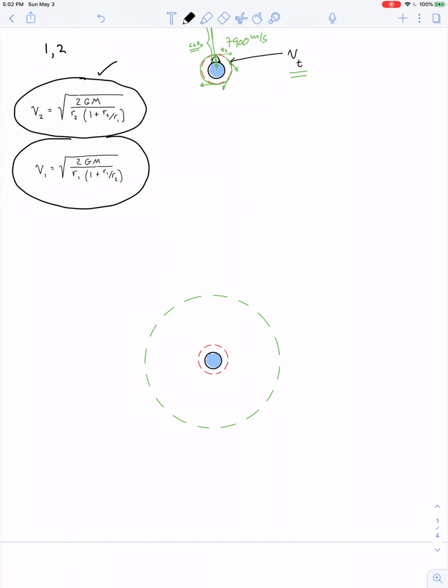So let's say that vector represents a tangential velocity corresponding to an orbit that's practically equal to the radius of the Earth itself, thus a treetop orbit, and this is 7,900 meters per second.